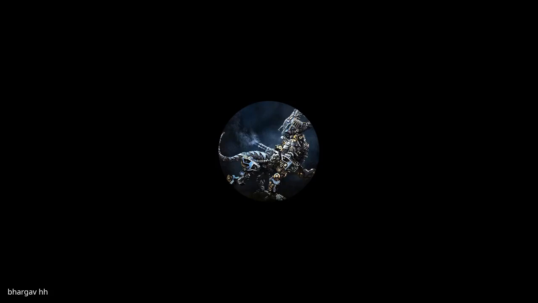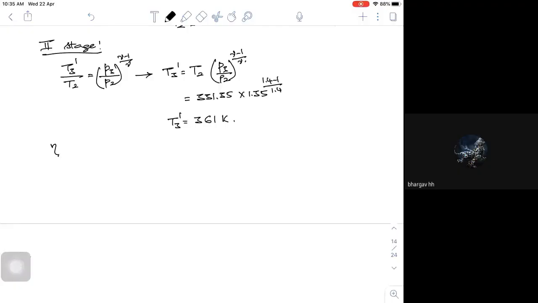So if I calculate it, the isentropic efficiency is equal to T3 dash minus T2 divided by T3 minus T2.